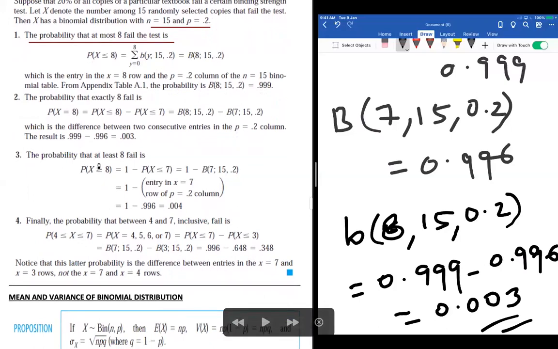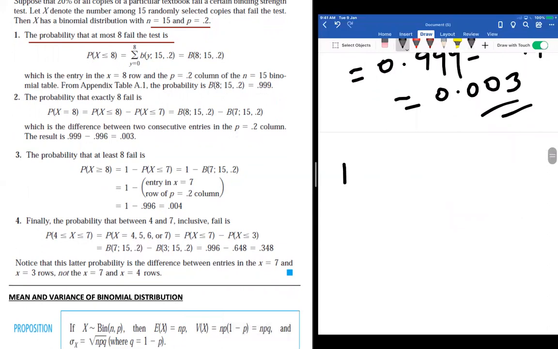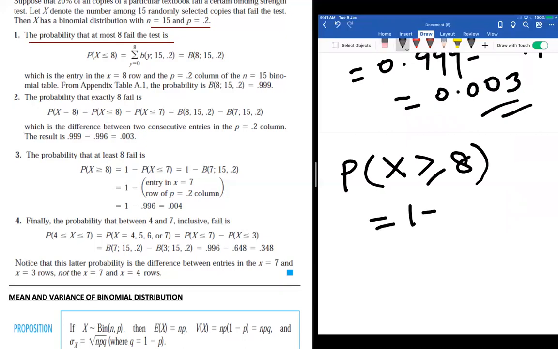Another one: the probability of at least 8 fails. At least 8 means x greater than or equal to 8. The probability of x greater than or equal to 8 is equal to 1 minus P of x less than or equal to 7, that is capital B, the cumulative distribution function, the sum of all probabilities up to 7.